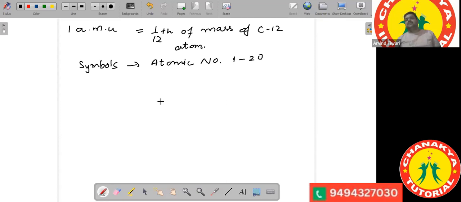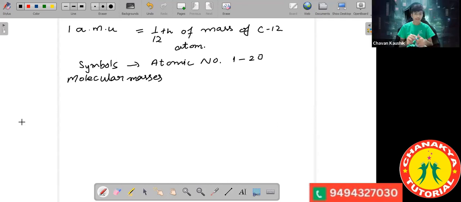Then we studied some other elements. We also tried to form molecular masses. So this was what we had done in the last class. Now we will be studying Dalton's theory, law of conservation of mass.